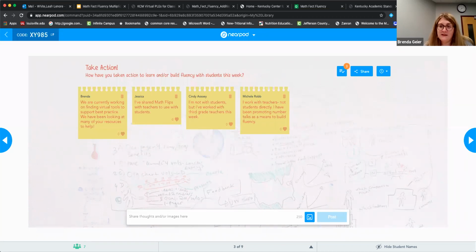Our big challenge this year has been, how do we do some of that virtually? We've been looking to Kentucky quite a bit on some of your Jamboards and the ways that you're trying to do that through an online setting, because we're completely virtual right now as well. So trying to just figure out how to do that in the online world more so. Great. Thanks so much for sharing that.